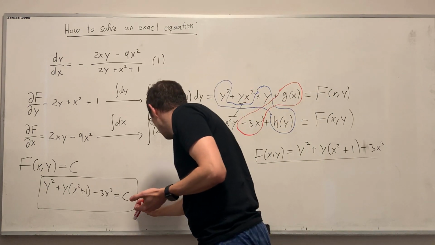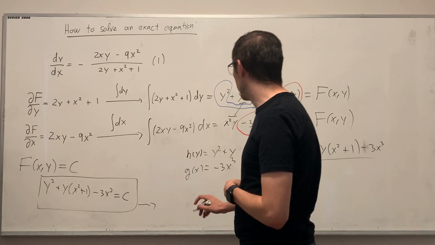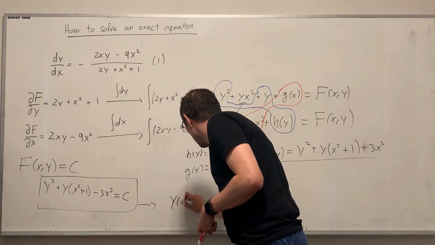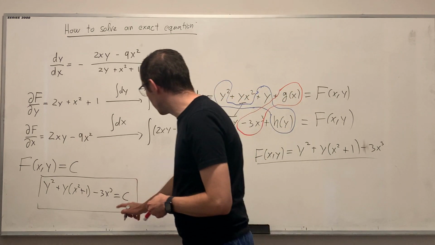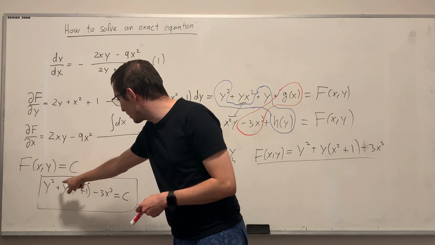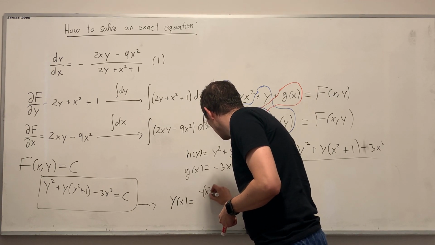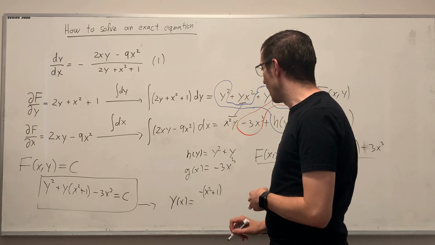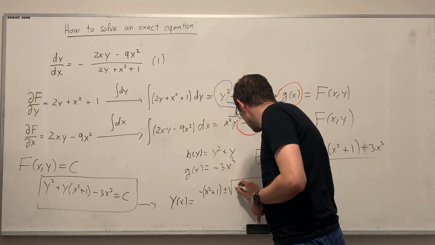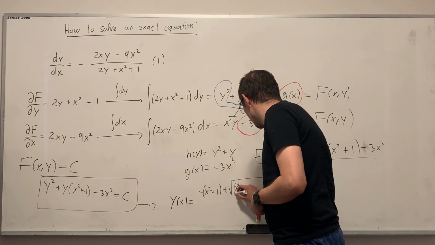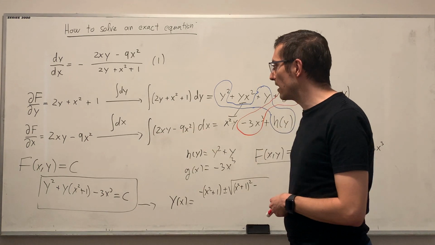So if I want to go complete here, I would use the quadratic formula. And I say, okay, so y of x is two branches, right? It's a quadratic equation. So let's identify, this is the b term, x squared plus 1, whatever multiplies y. So minus b, which is minus x squared plus 1, plus minus the square root of b squared, so x squared plus 1 squared, minus 4 times a, which is 1, times c.